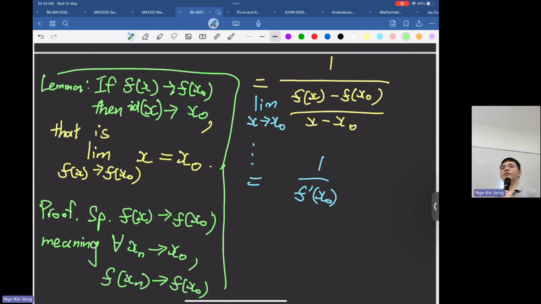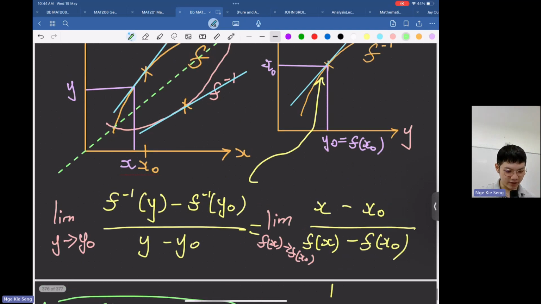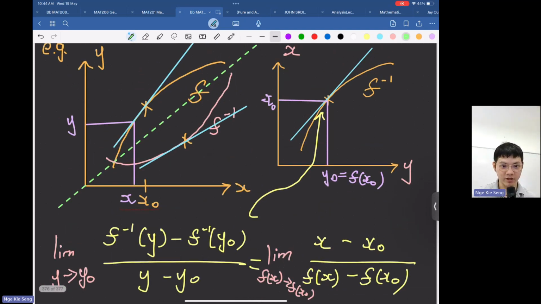So is f inverse continuous or not? Do we assume it is continuous? Let me think. Actually, we assume f is differentiable. If f is differentiable, then we want to prove that f inverse is differentiable.